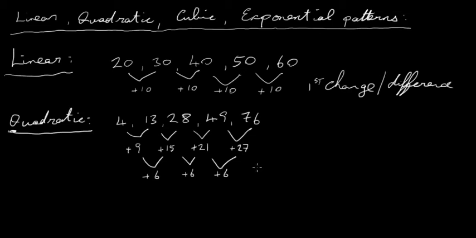These sixes here are called our second change, or difference. And we can see that the second difference is always the same. It's always plus 6. So we say that this sequence of numbers is quadratic.